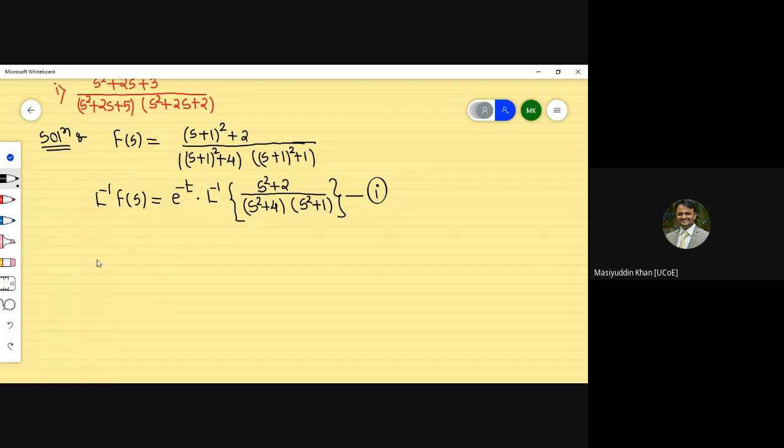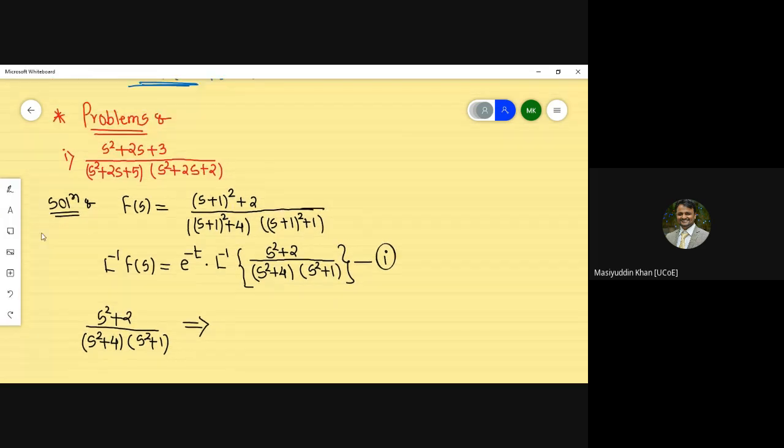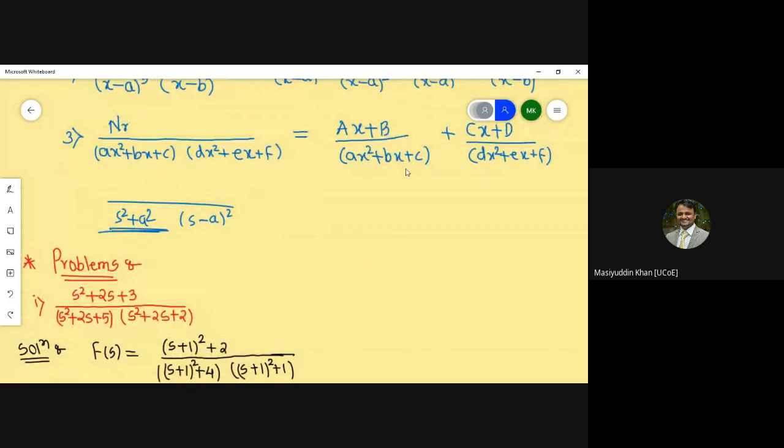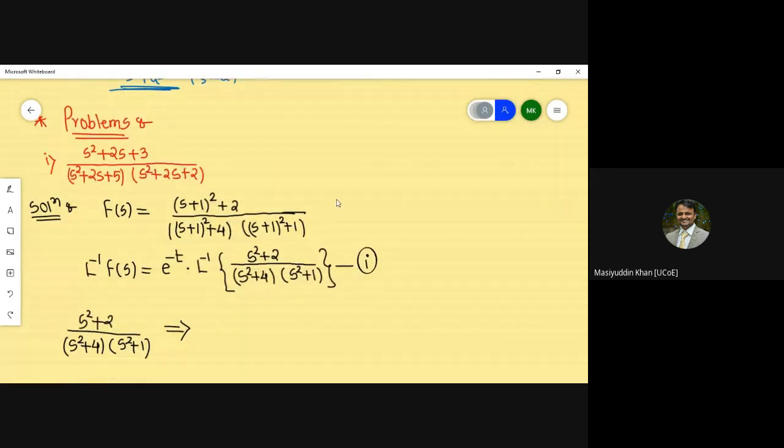So coming to the partial fraction, s square plus 2 upon s square plus 4 into s square plus 1, this we have to calculate by using partial fraction. For partial fraction, see, this is also quadratic, this is also quadratic. So it's your choice. If you are going to use this formula, you can go ahead and use it. You will get the appropriate result.